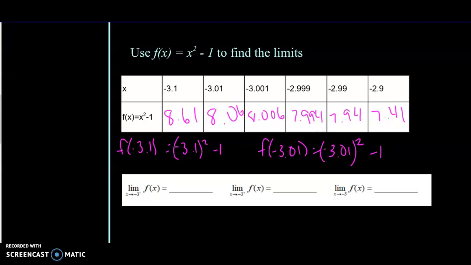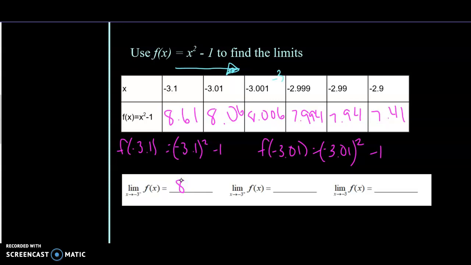Now I'm going to look at x as it is approaching -3. Remember, we're going to put it right here. There's -3. As it is approaching -3 from the left side, what is my y approaching? My y is approaching 8.